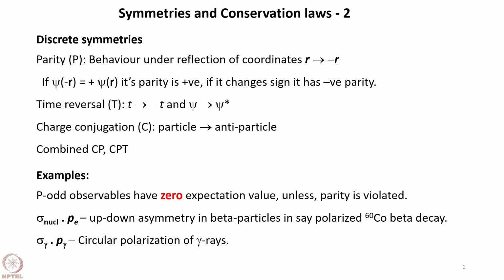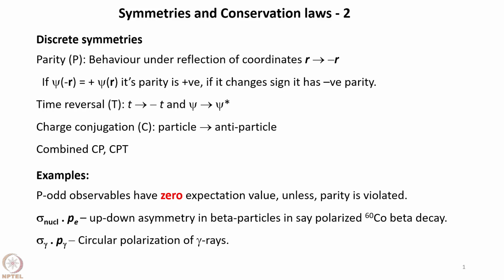Consider, for instance, a spin of a nucleus and its dot product with the momentum of the electron that comes out in beta decay. This is P odd because sigma goes like r cross p, so it is P even, but the momentum is P odd. So overall this quantity is not a scalar, it is called a pseudoscalar, and if this is non-zero, then it tells you that parity is not conserved.